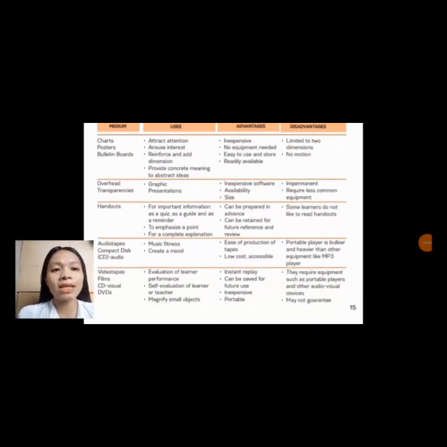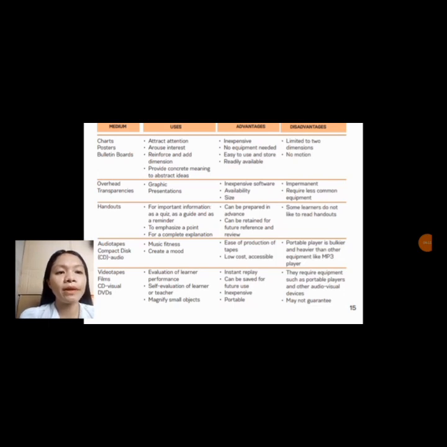Overhead transparencies. Uses: graphic presentations. Advantages: inexpensive software, availability, size. Disadvantages: important, require less common equipment. Next is handouts. Uses: for important information, as a quiz, as a guide, and as a reminder to emphasize a point for a complete explanation.